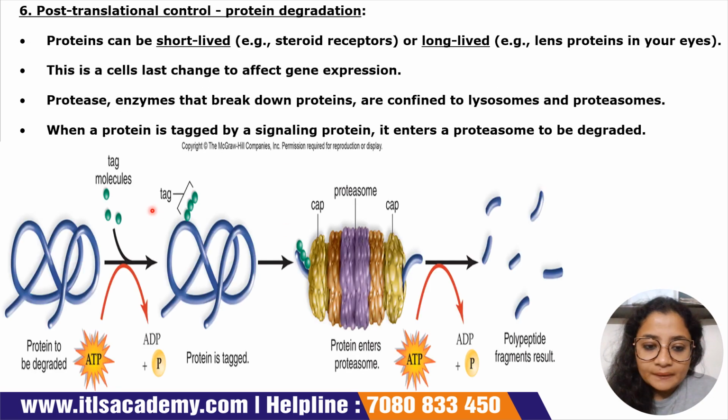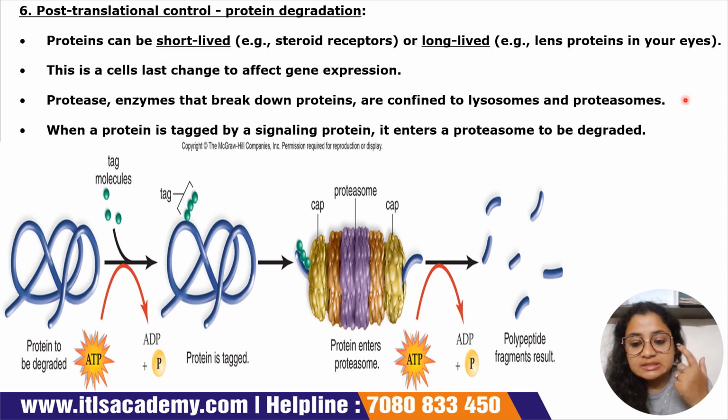So this slide is basically focusing on the post-translational control, which we can also call protein degradation. Let's see what is happening over here. Proteins can be short-lived, for example the steroid receptors for the steroid hormones, or they can also be long-lived, for example lens proteins in your eyes, the proteins that are present in the lens of our eyes.